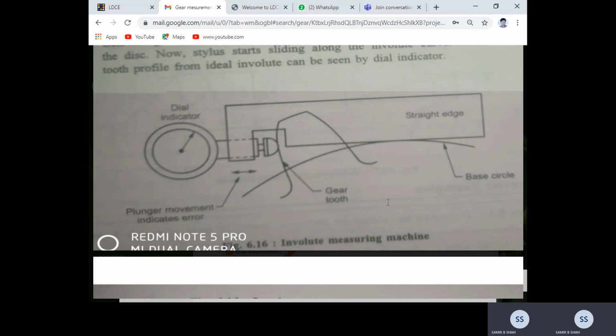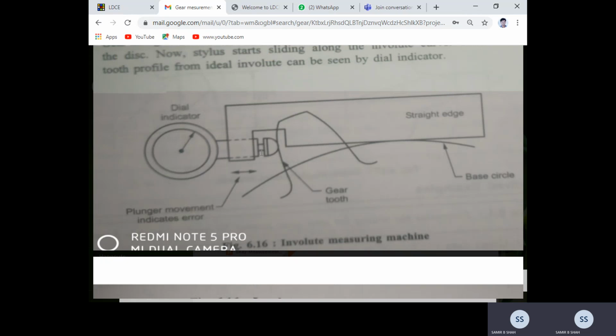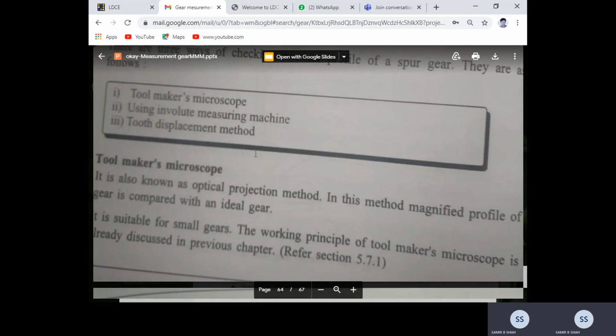In this method, the magnified profile of the gear is compared with the ideal gear. It is suitable for a small gear, so it is preferred for small gears.